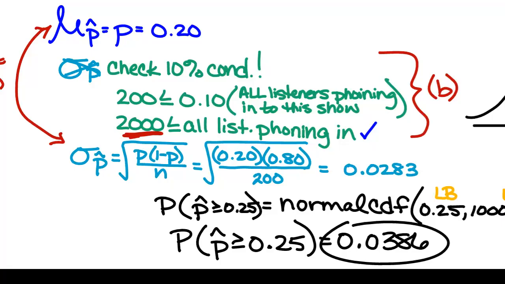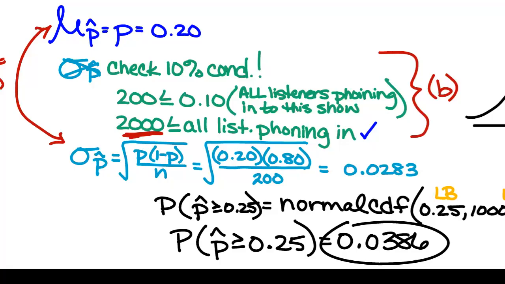So when I see this probability of 3.8%, and that's smaller than my cutoff of 5%, this is rare. The reason that we see this p hat is not likely due to chance. That's the probability that we get a p hat of 25% just by chance, if p really is 20%.